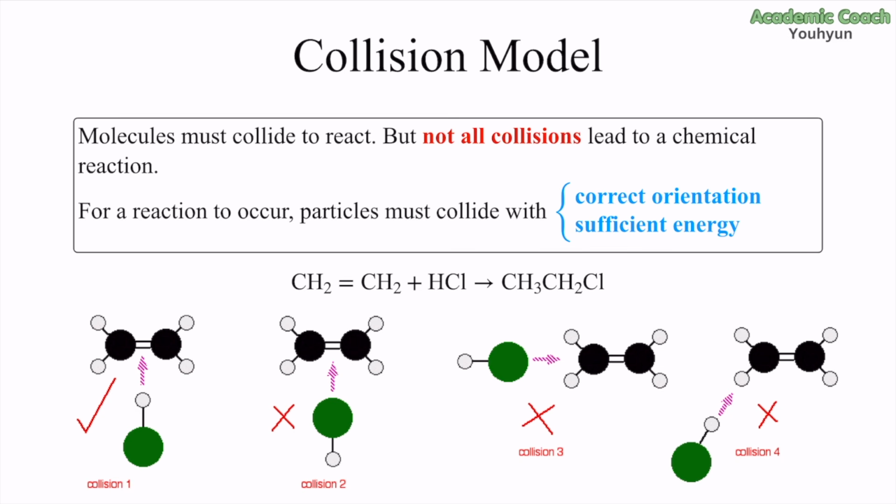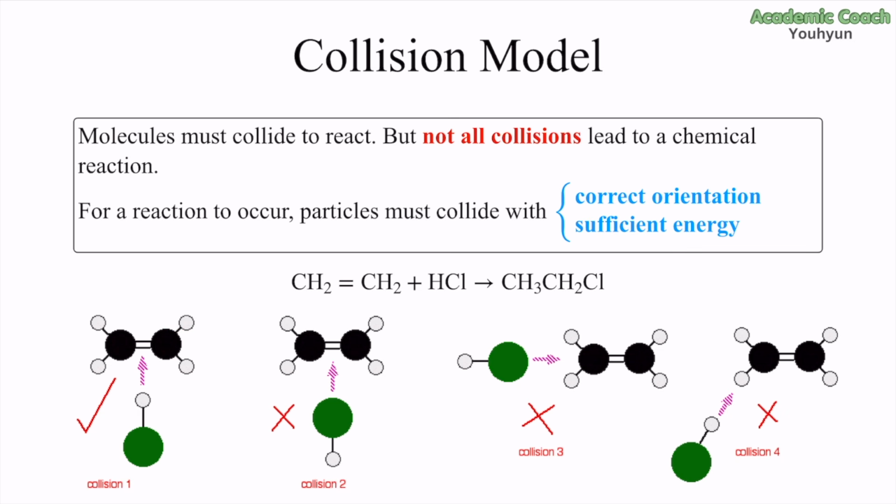And here is another example. We can have ethene, CH2CH2 or C2H4, react with hydrochloric acid to produce CH3CH2Cl. Again, there could be multiple orientations, but only one of these four orientations will result in a chemical reaction. This is how CH2CH2 looks.